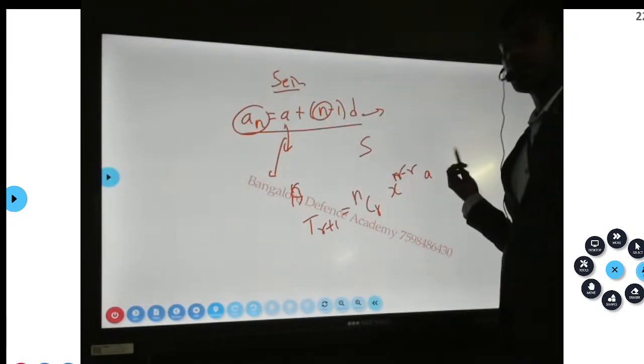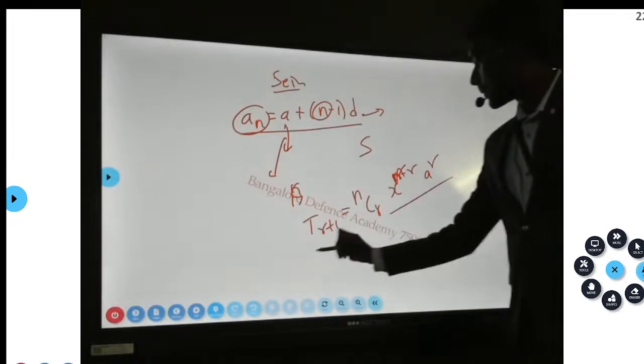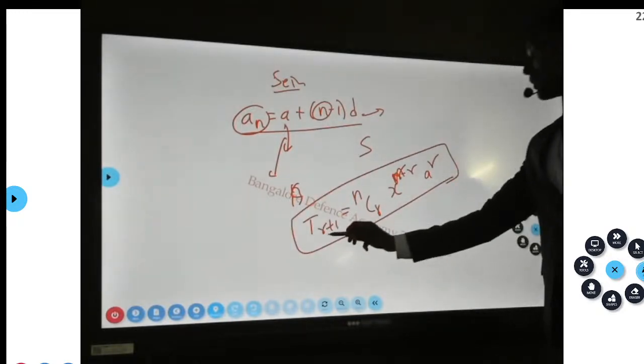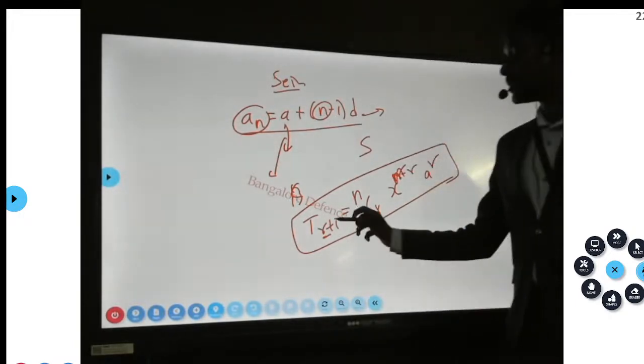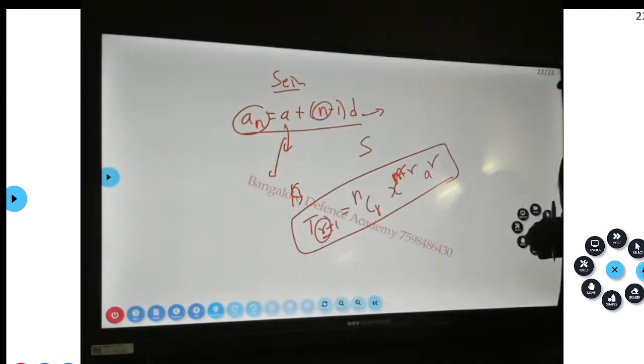I write x here, you write a here. Okay, the rth term, the fifth term means you have to take r equal to what? 4. Understood? Seventh term means r is equal to 6. Okay, this is binomial theorem.